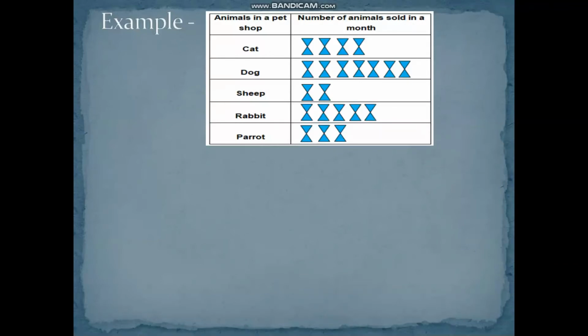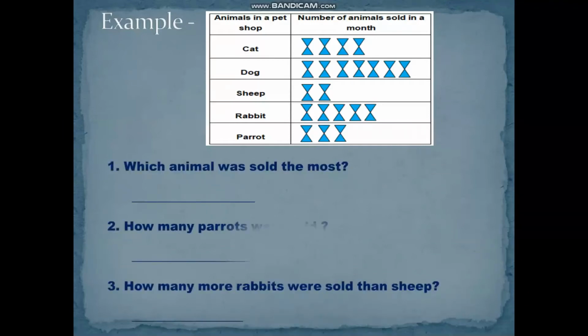So this is the information that we have right now. We want to work on this information and find which animal was sold the most, how many parrots were sold, and how many more rabbits were sold than sheep. So we can work on this table and reach the answers to these questions.